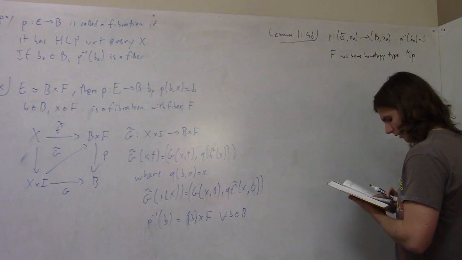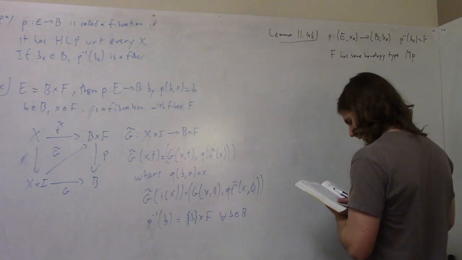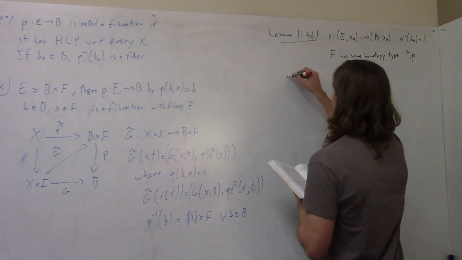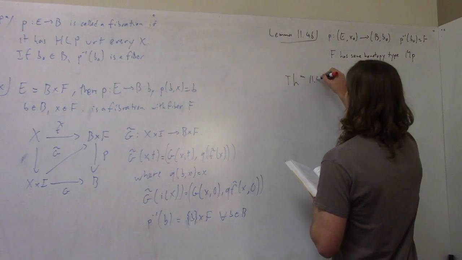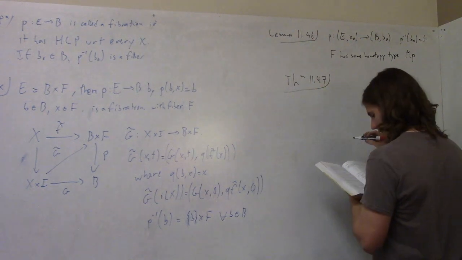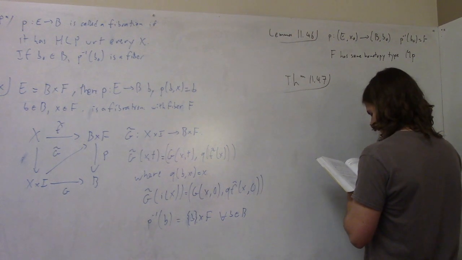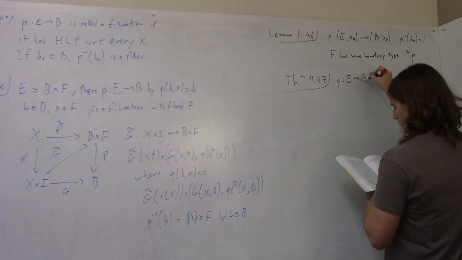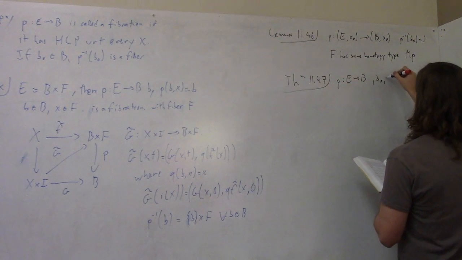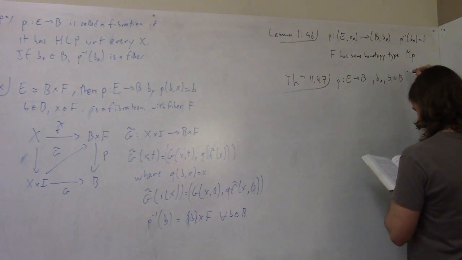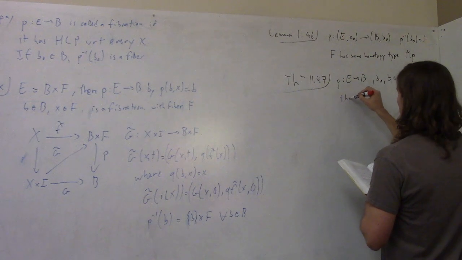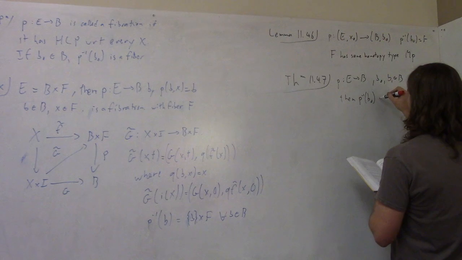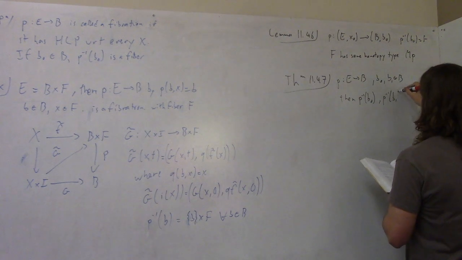Okay, and that allows us to find out properties of some of the fibers that we have. So theorem 11.47. We have P a fibration and B0, B1 elements of B. Then these fibers, P inverse B naught and P inverse B1, have the same homotopy type.